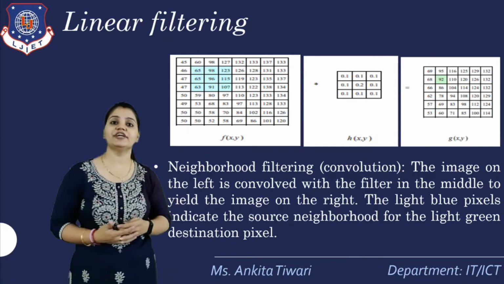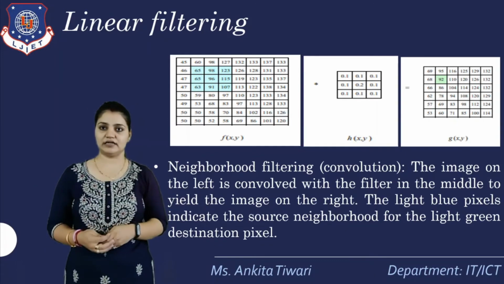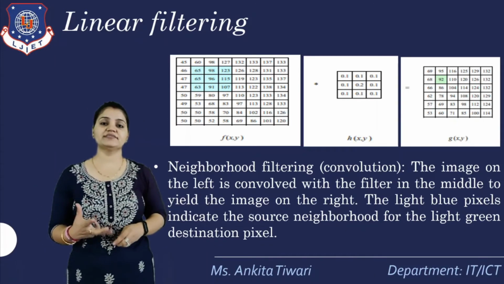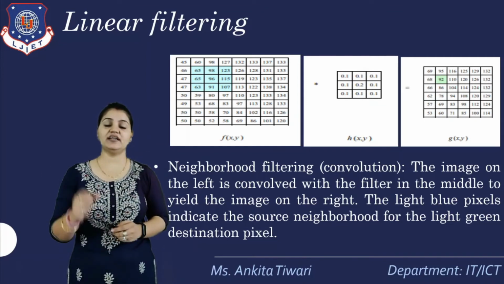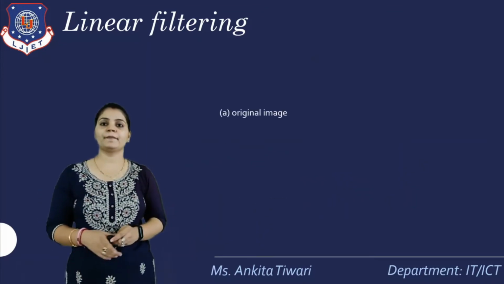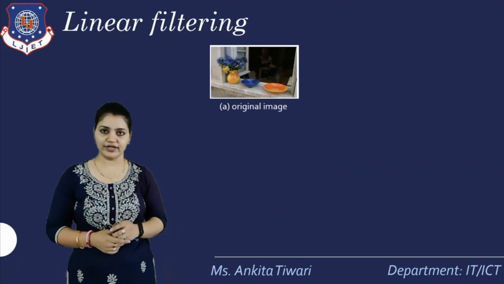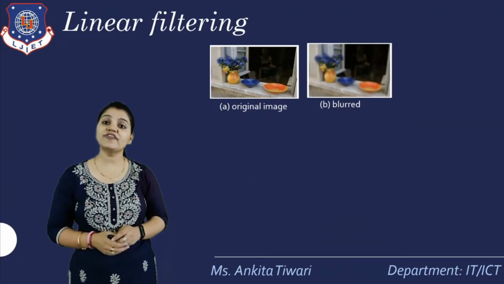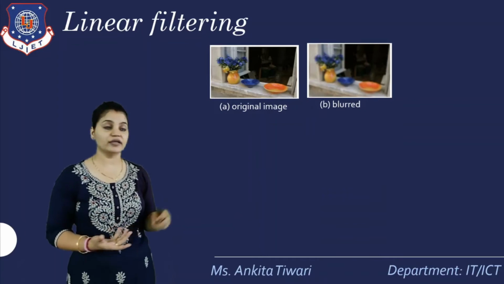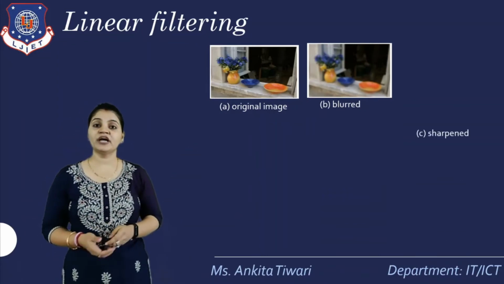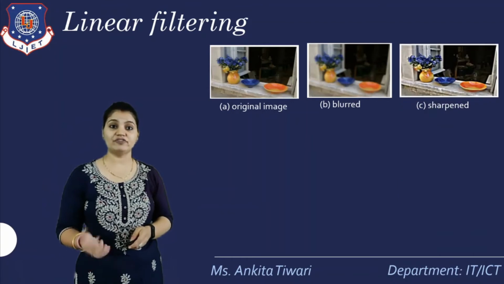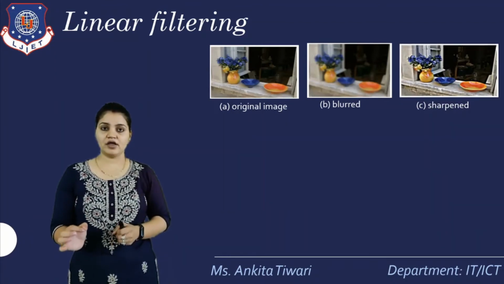Now we need to understand what filtering is. This is what filtering is with respect to pixels, where a group of pixels is converted into a particular transformed pixel. Here we have the original image. Now the blurred image, if I change it, that is filter it, you can see the blurred image. After that, one more filtering process that we have is sharpening.